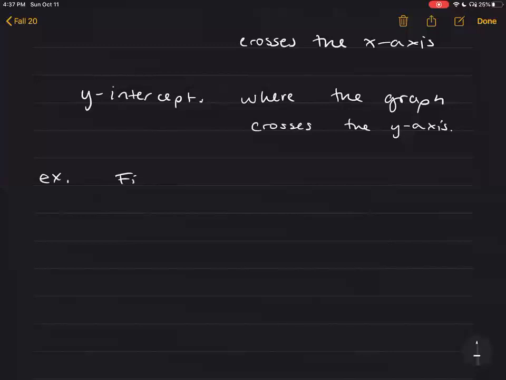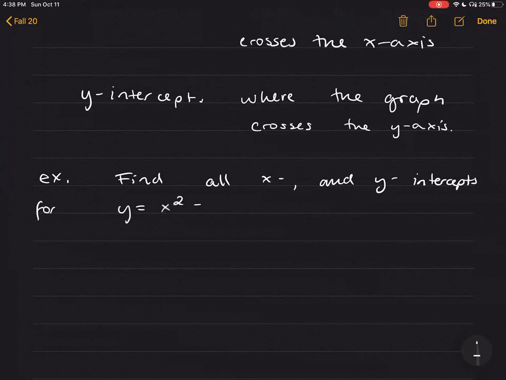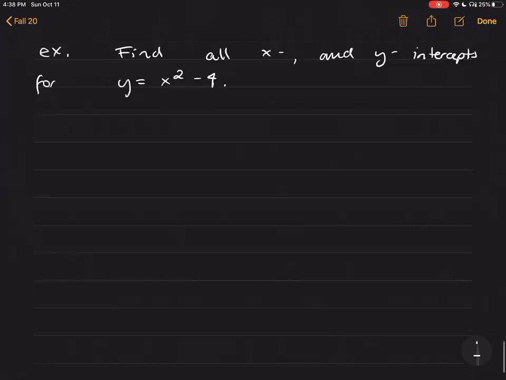Find all x and y intercepts for the equation. Let's do y equals x squared minus 4. So let's try to do this without graphing it, so we can find it precisely.